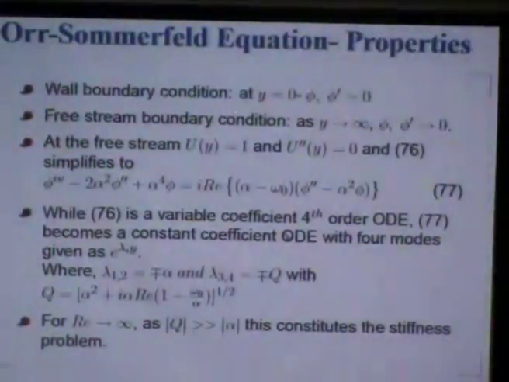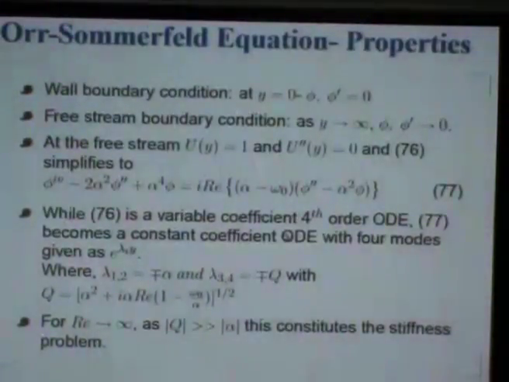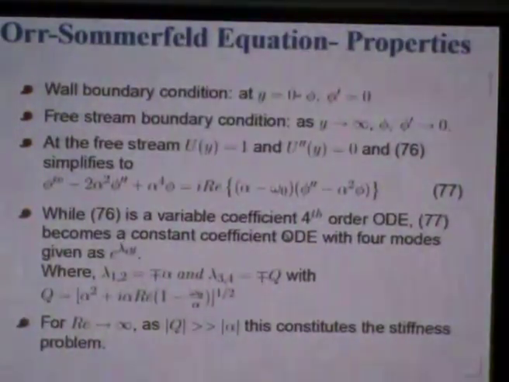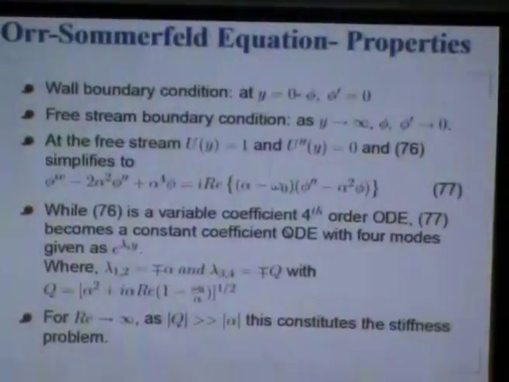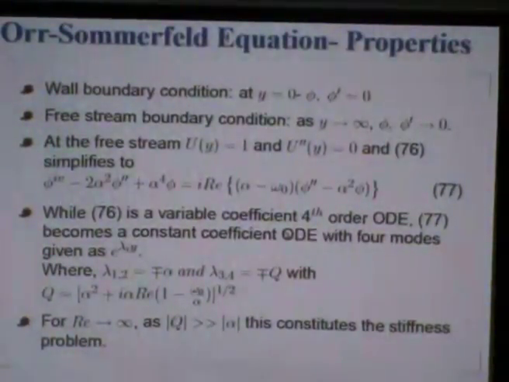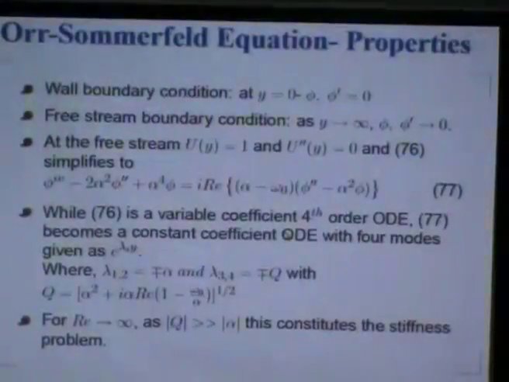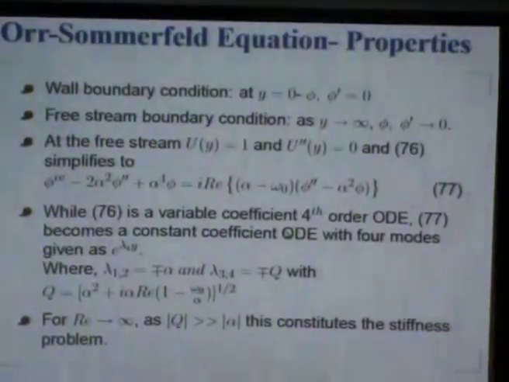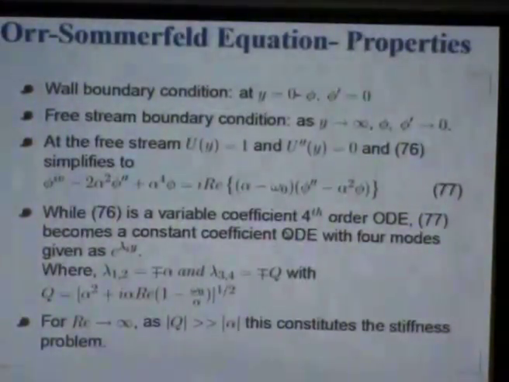It need not necessarily be infinity, but it should be fairly large, and if it is fairly large, you can see modulus of q is much larger compared to modulus of alpha, and this is the stiffness problem, because you have one solution going as e to the power minus alpha y, another going as e to the power minus q y, and now you can see the stiffness ratio would be modulus of q by modulus of alpha.